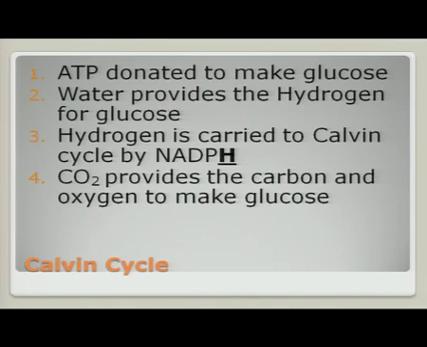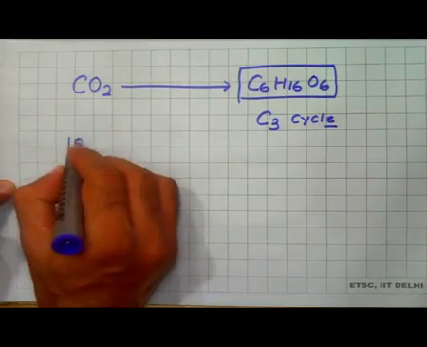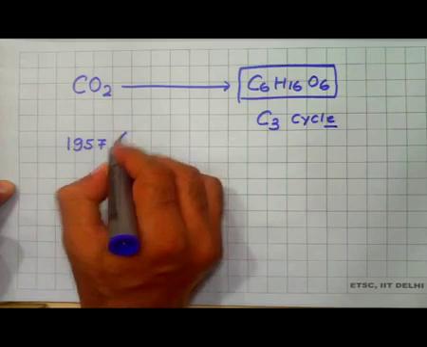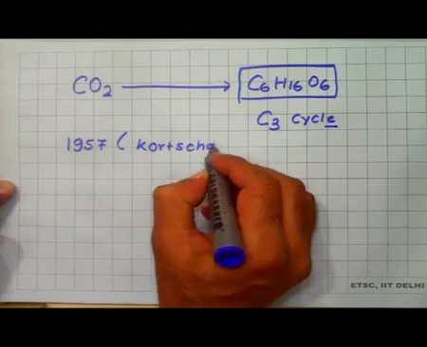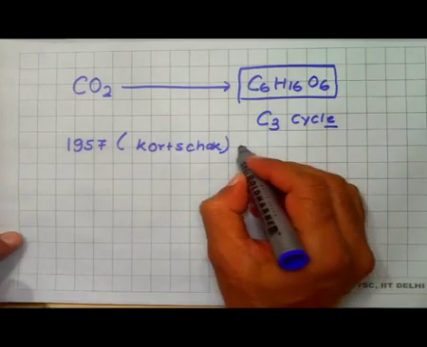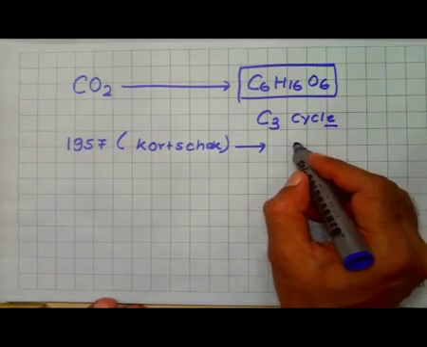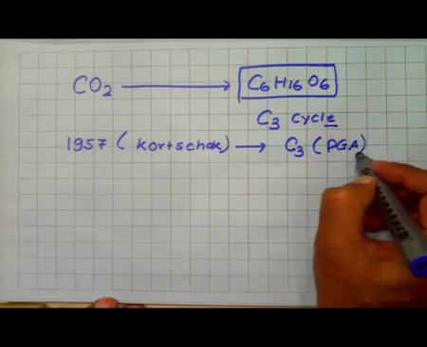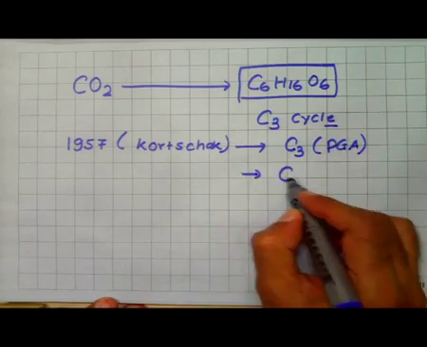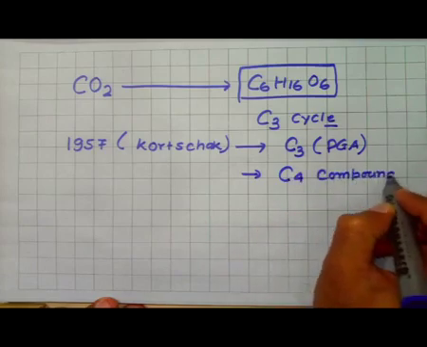But in 1957, a scientist reported that instead of the C3 compound PGA, a C4 compound was found as the first stable product while working with the dark reaction.